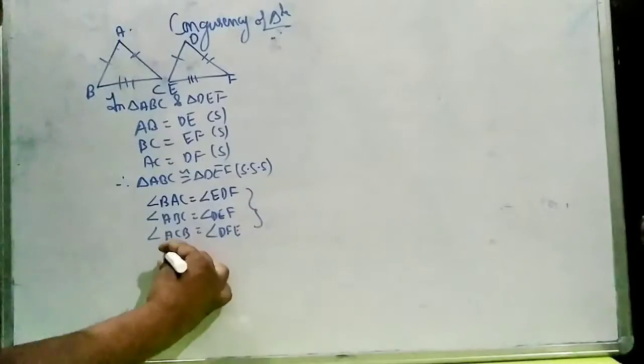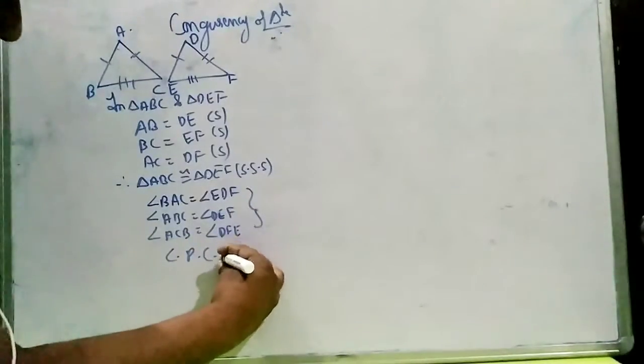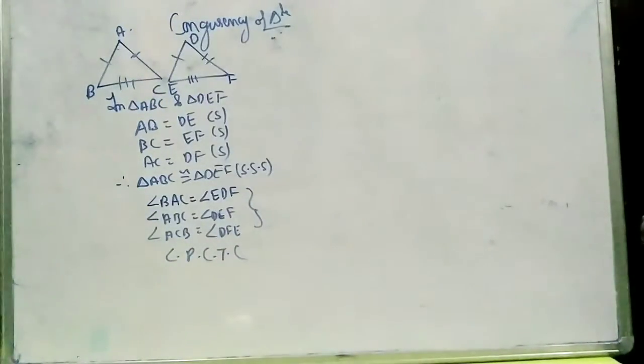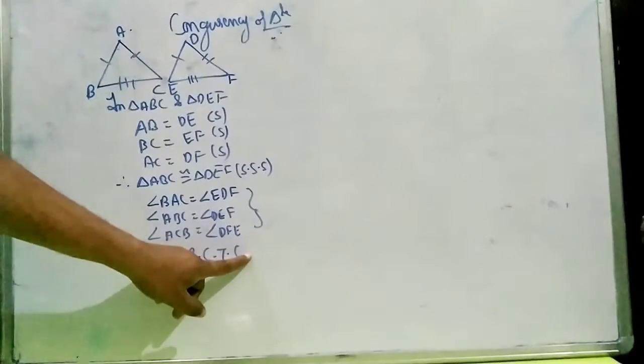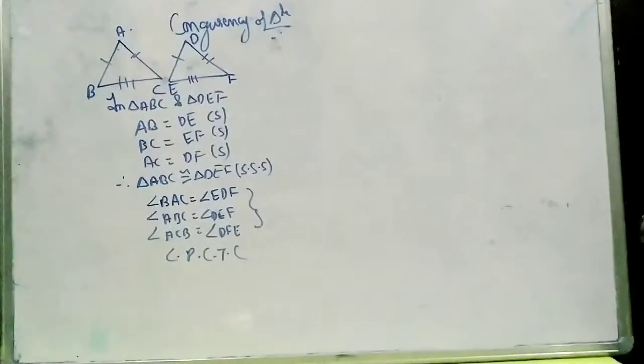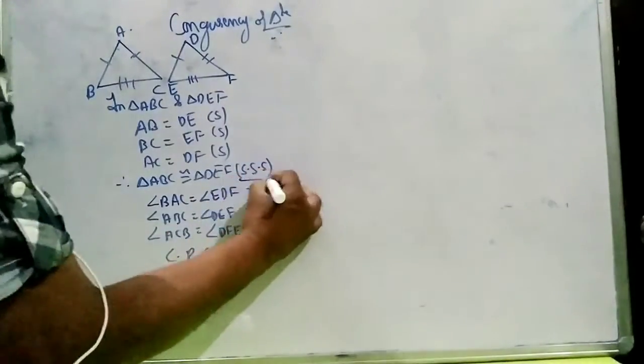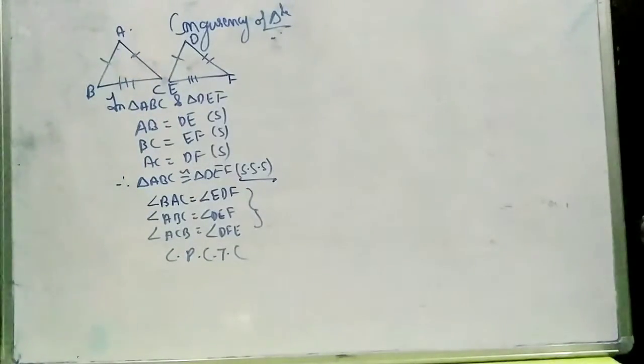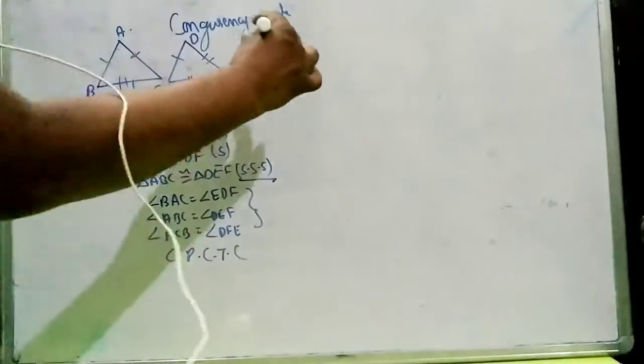These are the angles, that is, CPCTC: corresponding parts of congruent triangles are also congruent. This proves the first property, SSS: if two triangles have all three sides equal, then they are congruent to each other.